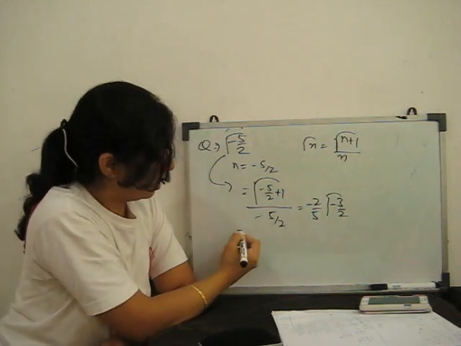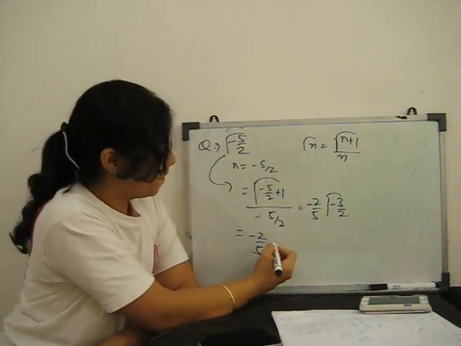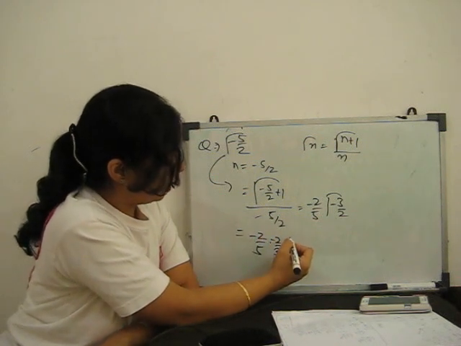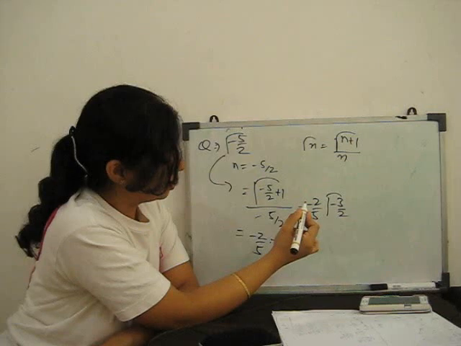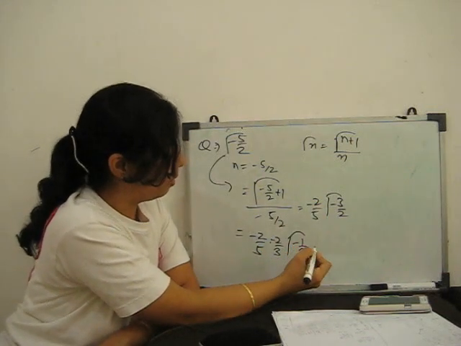We again rewrite minus 2/5. Minus 3/2 is again minus 2/3, and gamma of minus 3/2 plus 1 means minus 1/2.